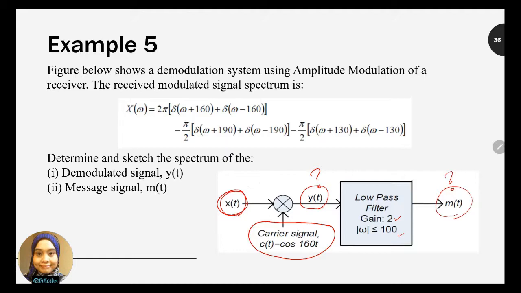Given in this question is an equation using capital X omega. So you need to do some conversion using Fourier transform, because we have angular frequency here to be converted back into a time domain equation.